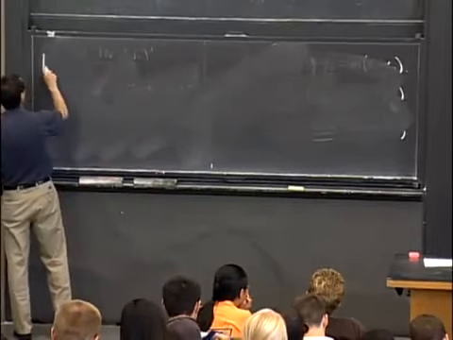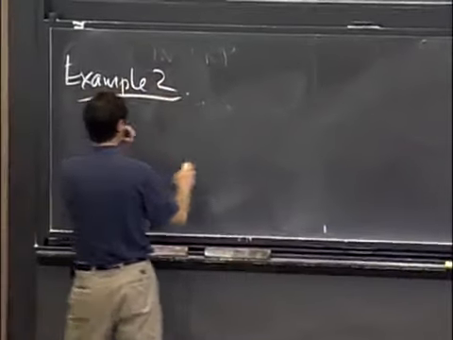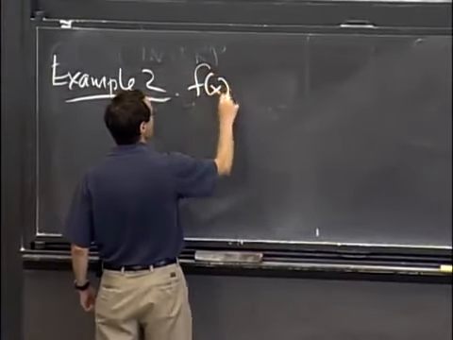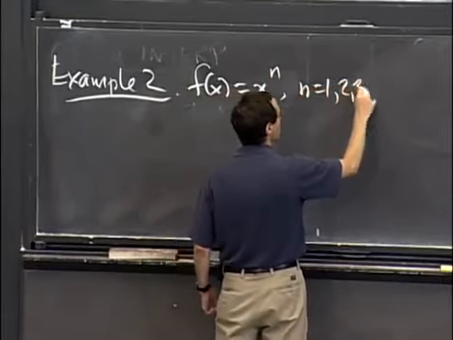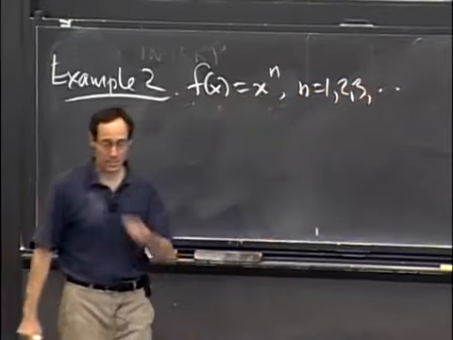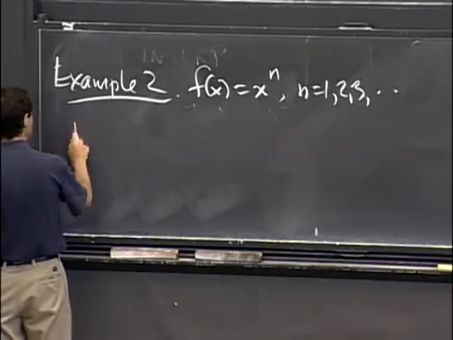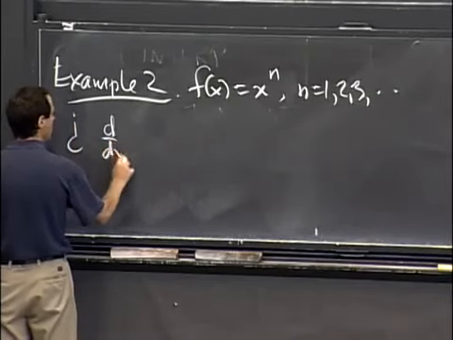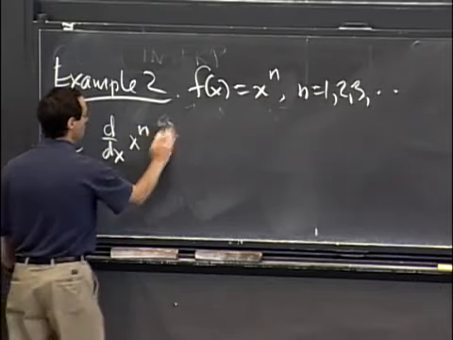So example 2 is going to be the function f of x equals x to the n, where n equals 1, 2, 3, one of these guys. And now what we're trying to figure out is the derivative with respect to x of x to the n, in our new notation, what this is equal to.